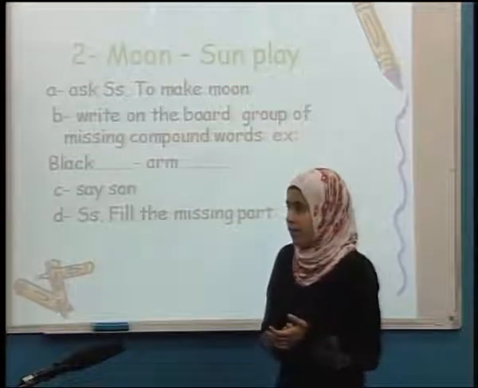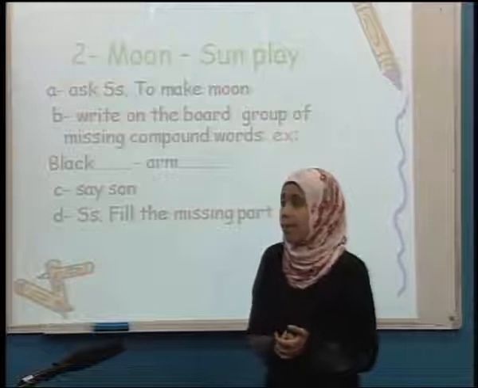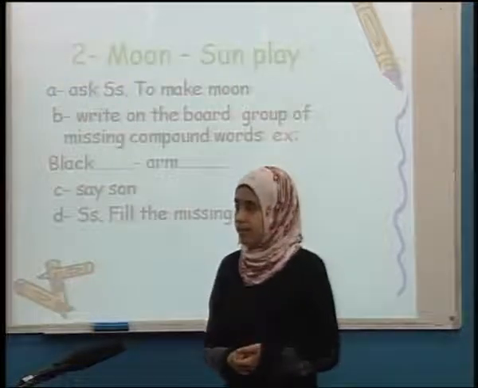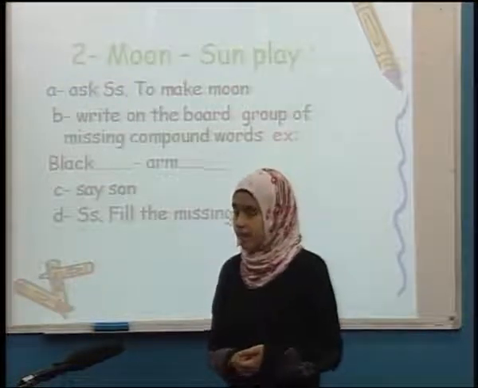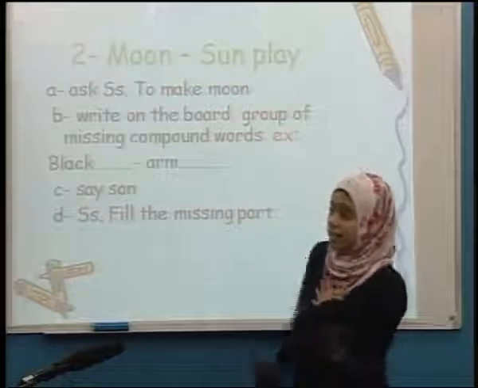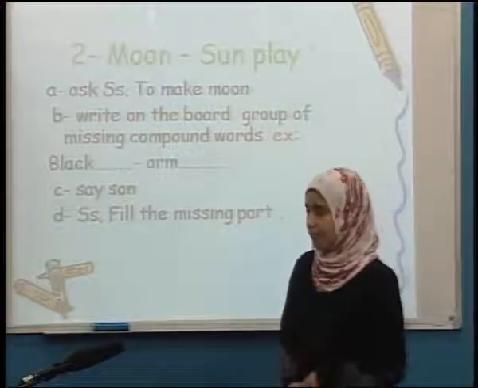What does moon, sun mean here? Once you say moon, your students will sleep. Then you can hide whatever you like from the parts of the compounds. Then you say sun, your students raise their heads, and they can guess what is missing from the word.